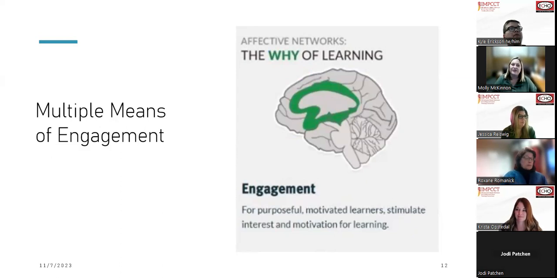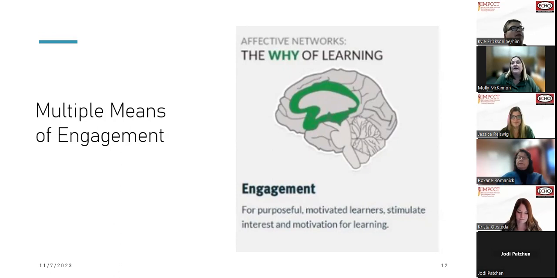The why of learning is multiple means of engagement. In your classroom, looking at how your students engage with you, your class, and the coursework, having it be more automatic for them instead of being told what they're going to do.